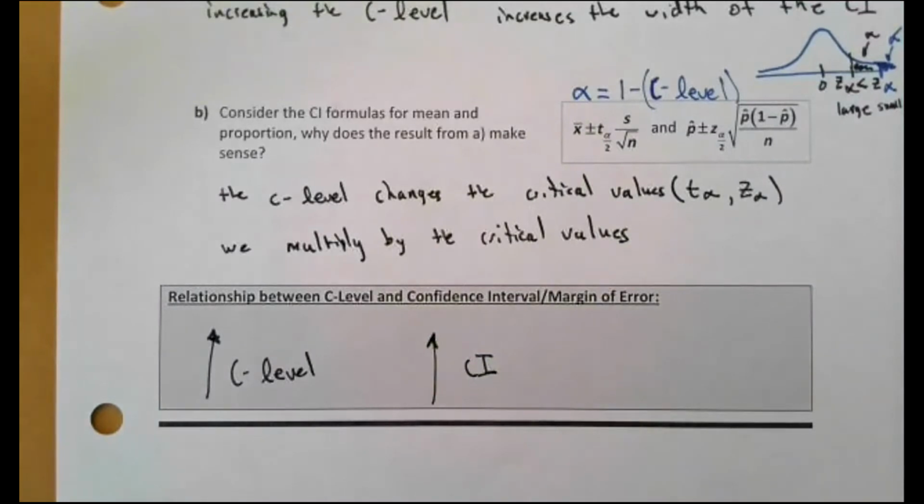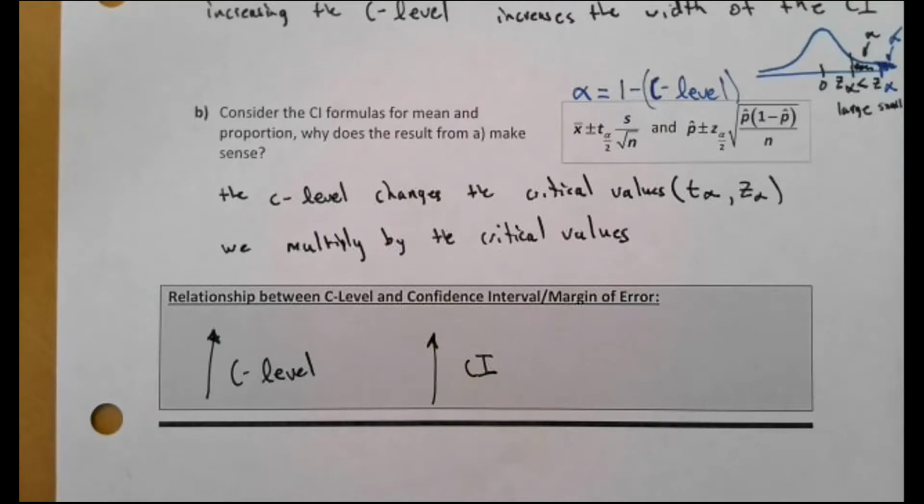Now, let me say something that will make sense. If I want to be more confident about my estimate of the population, all I have to do is increase the possibility of options that the parameter could be. So for example, I am 100% confident that the mean grade that you all will get on exam 3 will be between 0 and 100%.